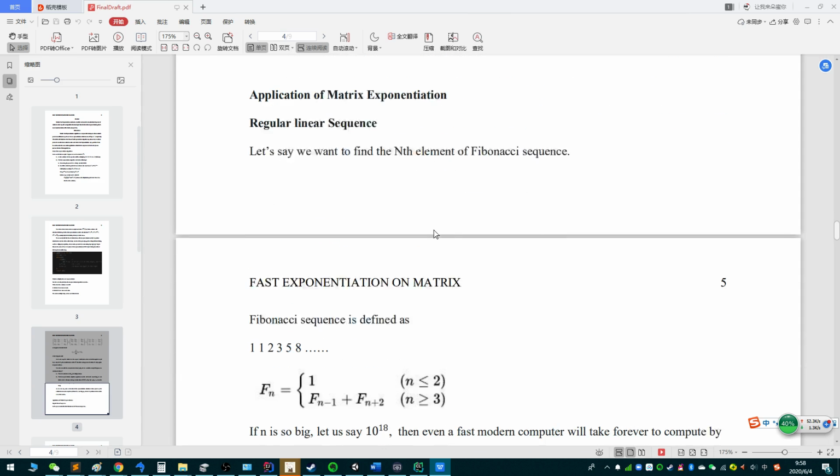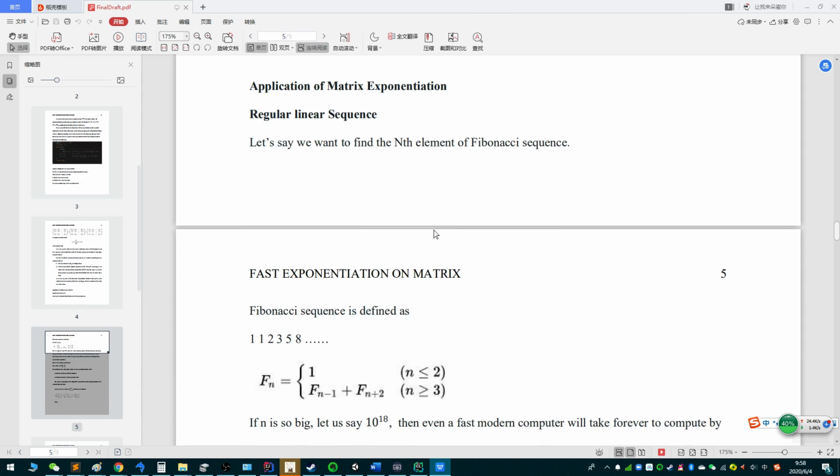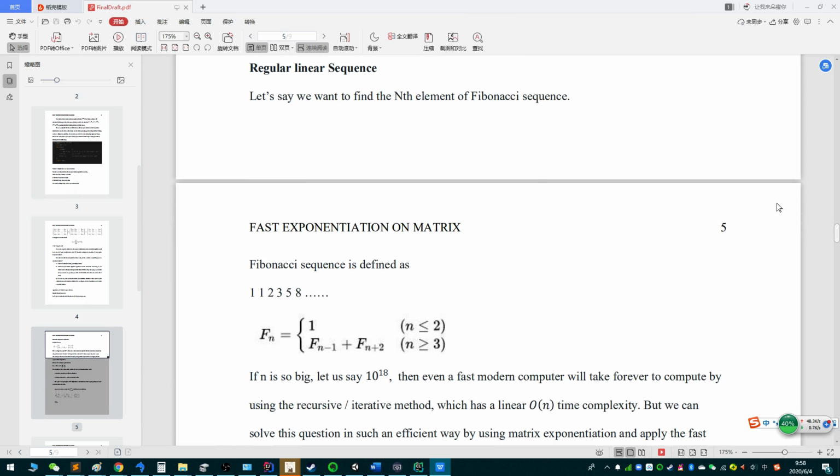And let's talk about the most exciting part, I think, the application of matrix exponentiation, which is the linear sequence. Since I've already introduced what fast exponentiation is, let's see the example. Find the nth element of the Fibonacci sequence.